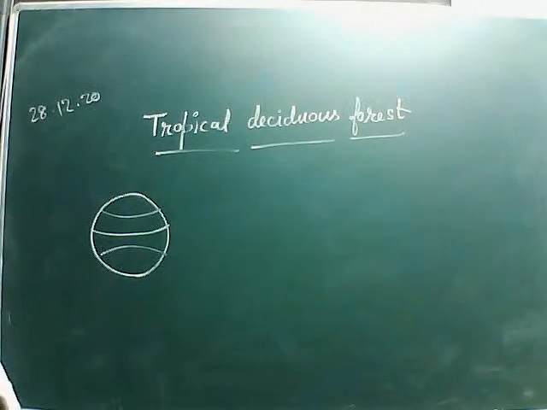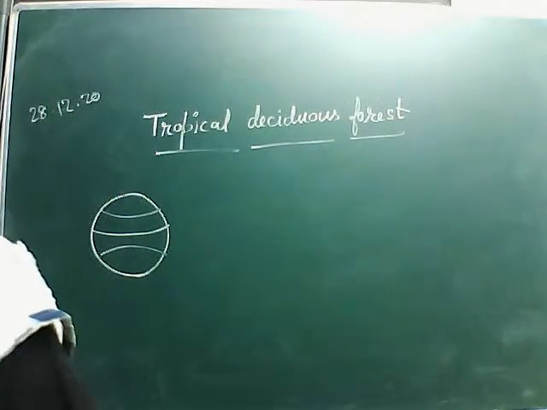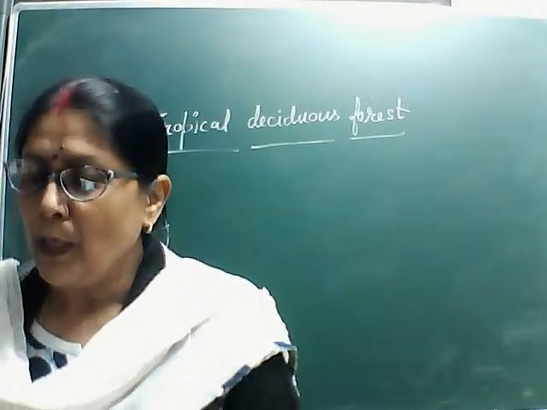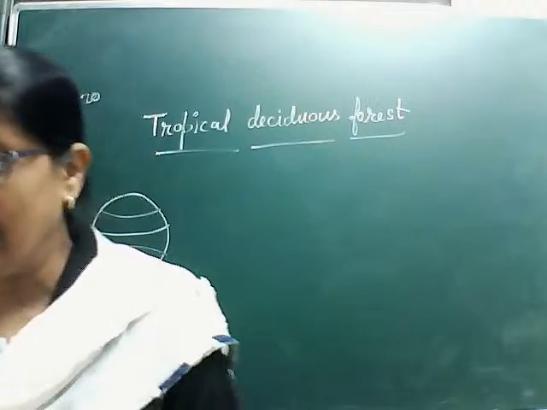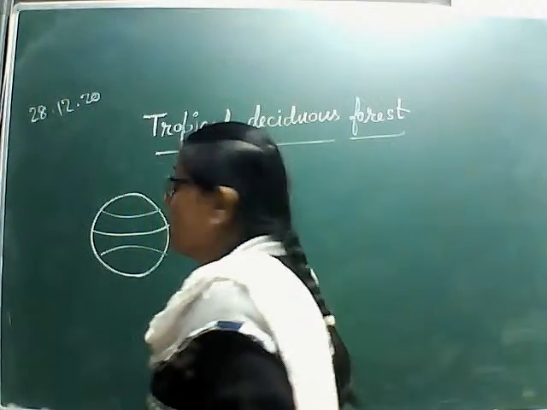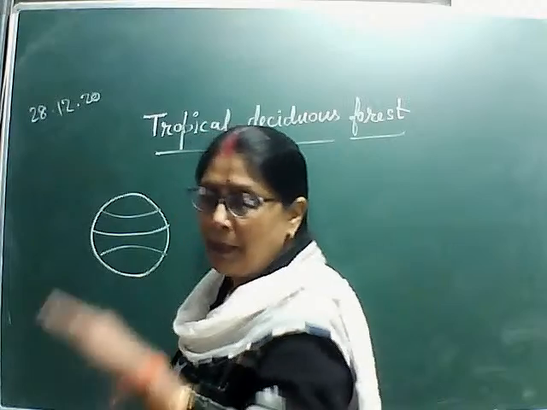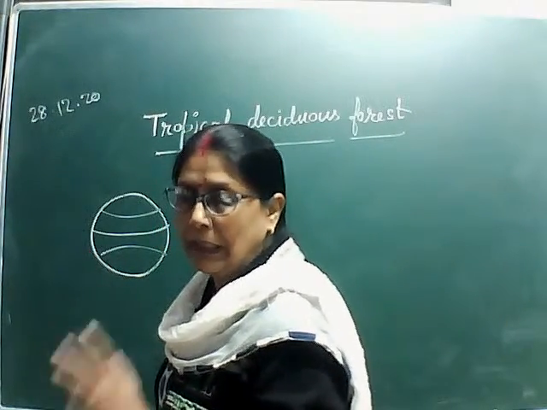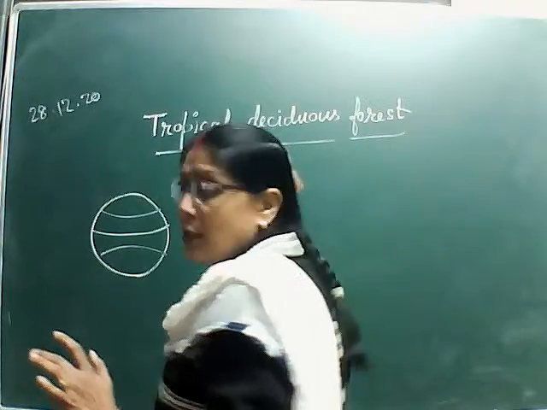So we can see that a large part of India has tropical forest. Because we are talking about India, the large part of India is covered by tropical deciduous forest. If we look at the maximum number of states in India, there we see tropical deciduous forest.